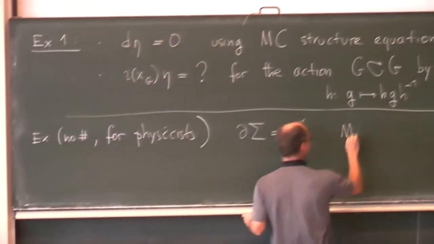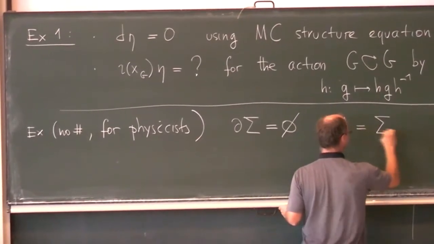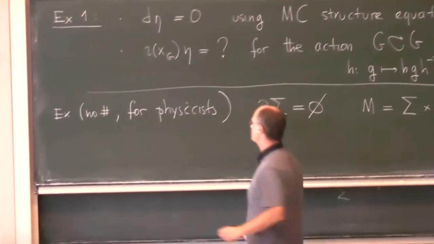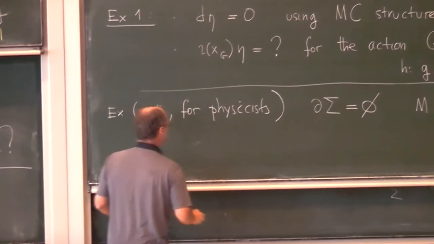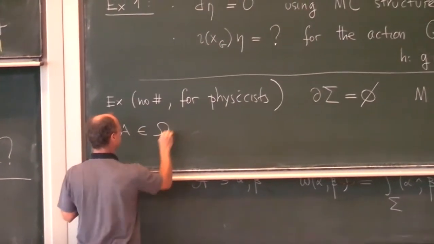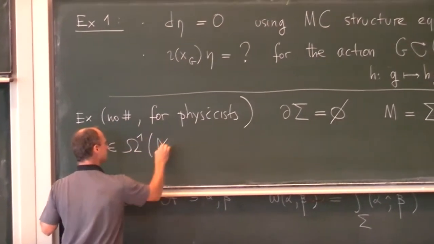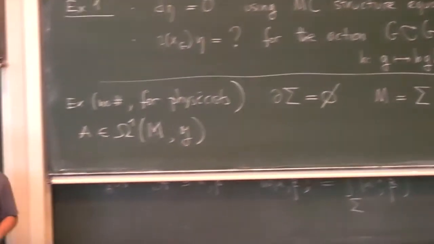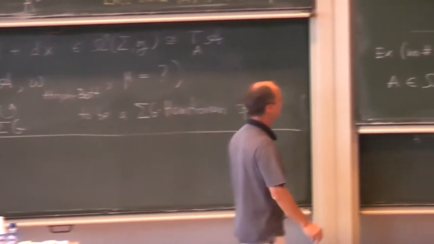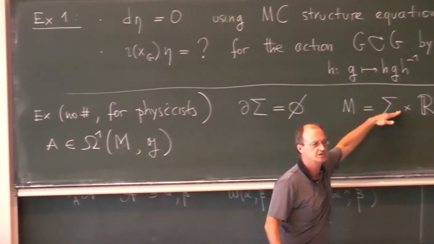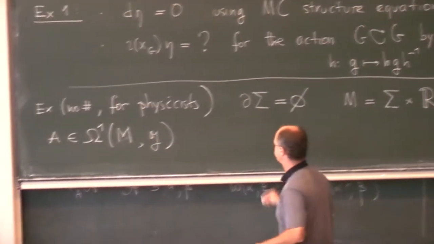And let's consider a 3-manifold which is sigma times R. Consider now A, a one form on this 3-manifold with values in g. So it's again a connection on the trivial bundle, but now it's a one form on a bigger manifold, sigma times the real axis.